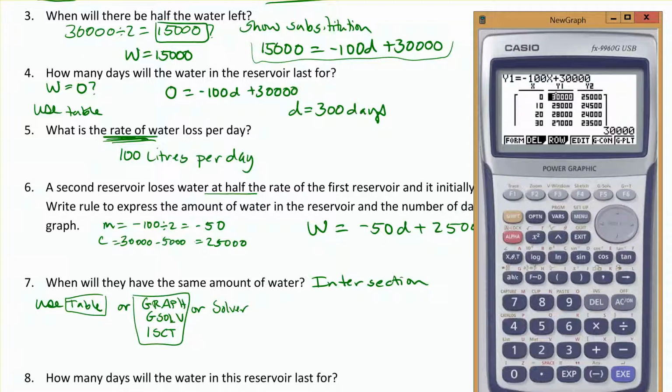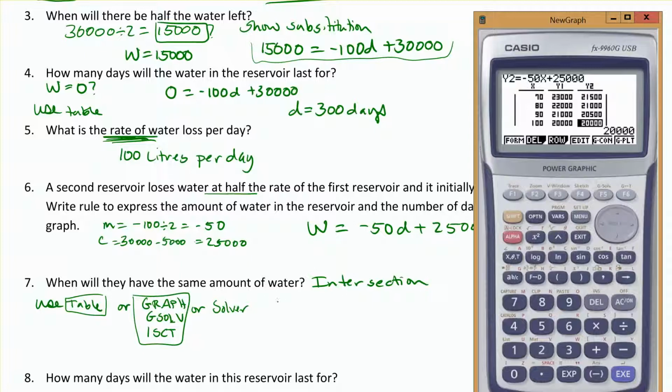So y1 is my first reservoir, y2 is my second reservoir. And I could just scroll through and look to see if I can find when they have the same amount of water. And yep, there it goes, day 100. So on day 100 I can see they both have the same amount of water.